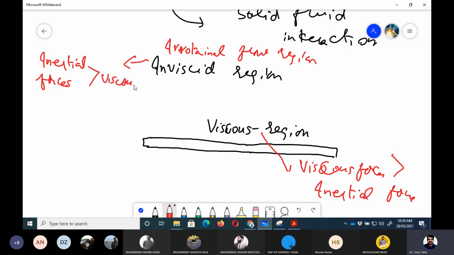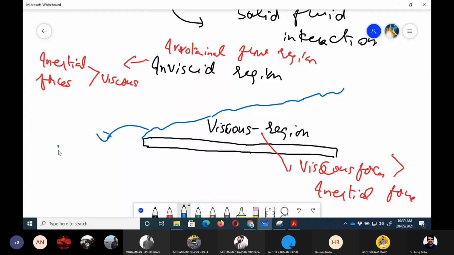So it means that viscosity of the fluid is not felt there, and the presence of viscosity is only limited to the near wall region, which we call boundary layer. Boundary layer region. So the lift and drag forces are a strong function of the boundary layer development region.